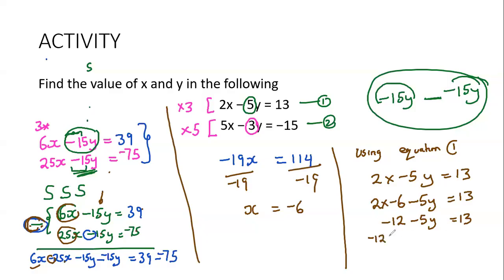So negative 12 plus 12 minus 5y is equal to 13 plus 12. So this will give us negative 5y equals 13 plus 12, which gives 25. After you divide by negative 5, divide by negative 5, our y will equal negative 5.